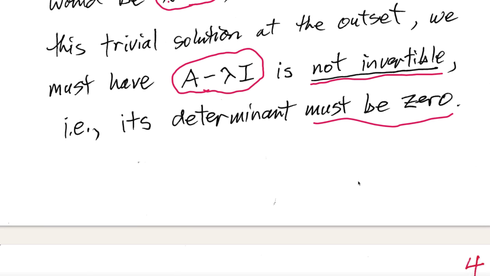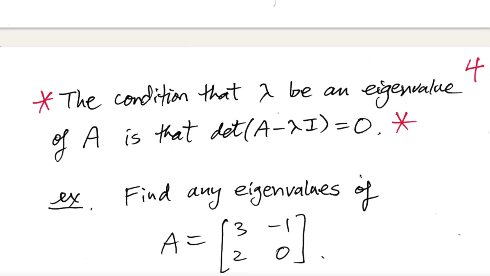So the condition that lambda be an eigenvalue with associated eigenvectors of A is that the determinant of A minus lambda I must be 0. This is going to give us an equation that we can use to actually solve for eigenvalues and eigenvectors. All right, let's take a concrete example here.